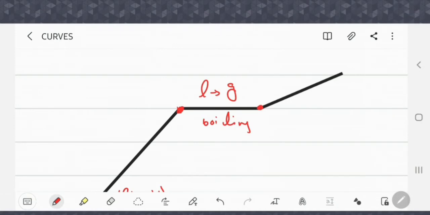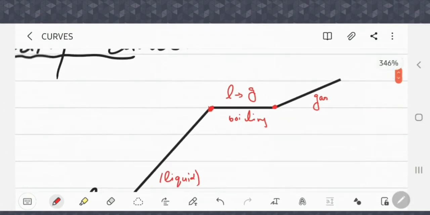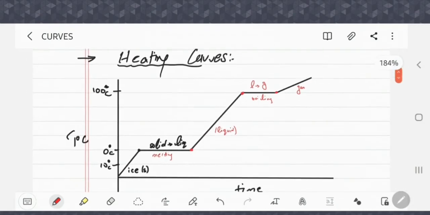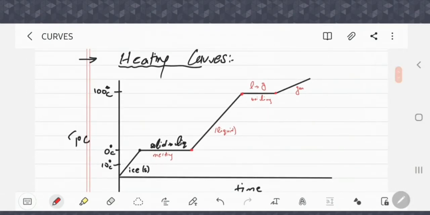At this point, all liquid would be turned into a gas, water vapor, and from now on it will remain as gas. So that's how the heating curve is simply drawn.